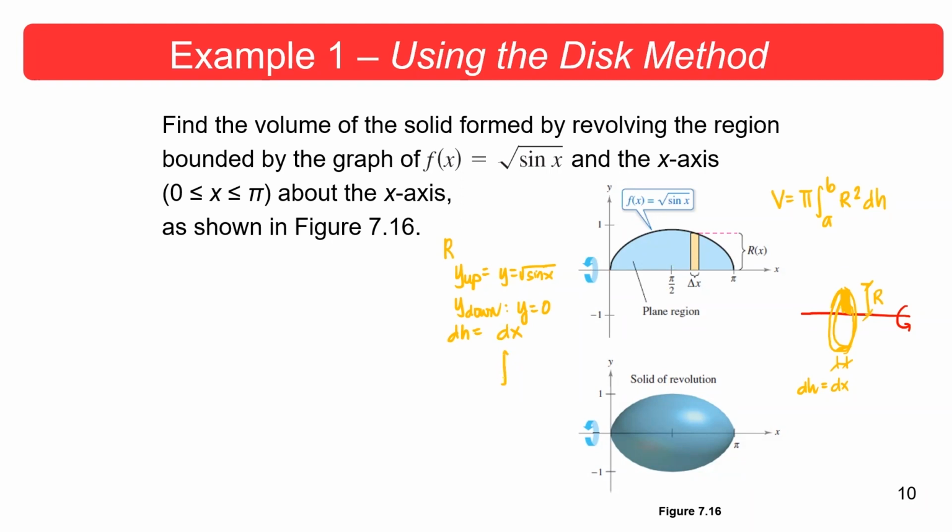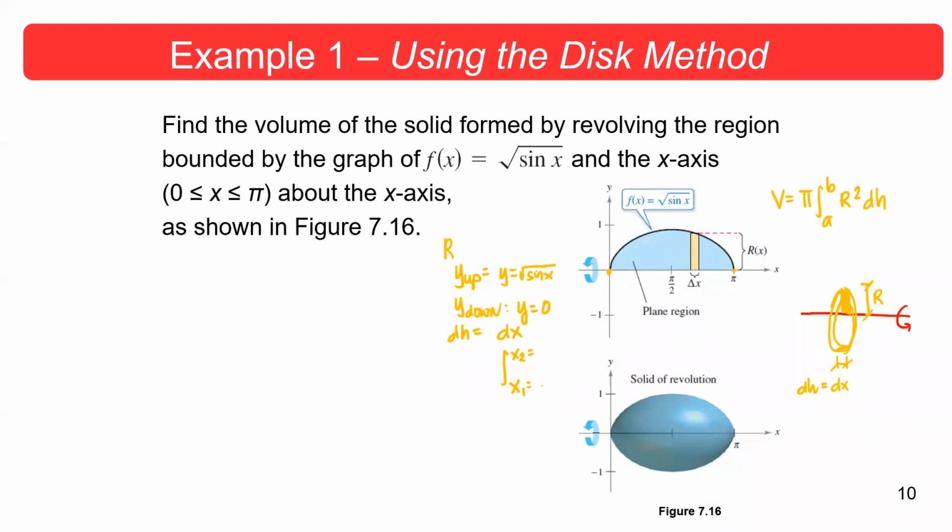And then the integral is from x1 up to x2, from left to right, where that yellow vertical element touches this portion up to this portion. So that is (0, 0) up until (pi, 0).